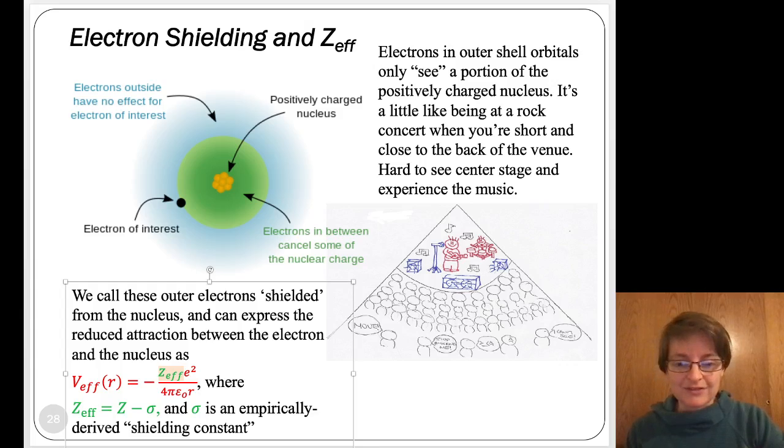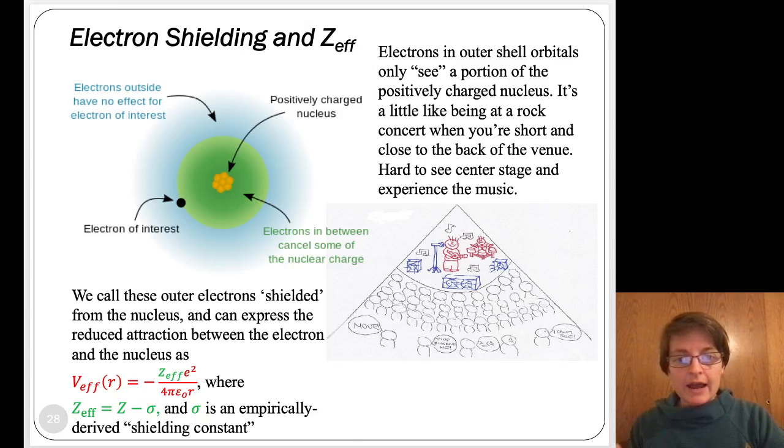And Z effective, that's where our shielding constant is going to come into effect. So it's basically saying Z effective is how much less of a strong interaction an electron experiences with the nucleus based on the atomic number of the atom, which should increase the strength of interaction between the electron and the nucleus, and a shielding constant, which tells us how much those inner electrons or those core electrons are getting in the way.